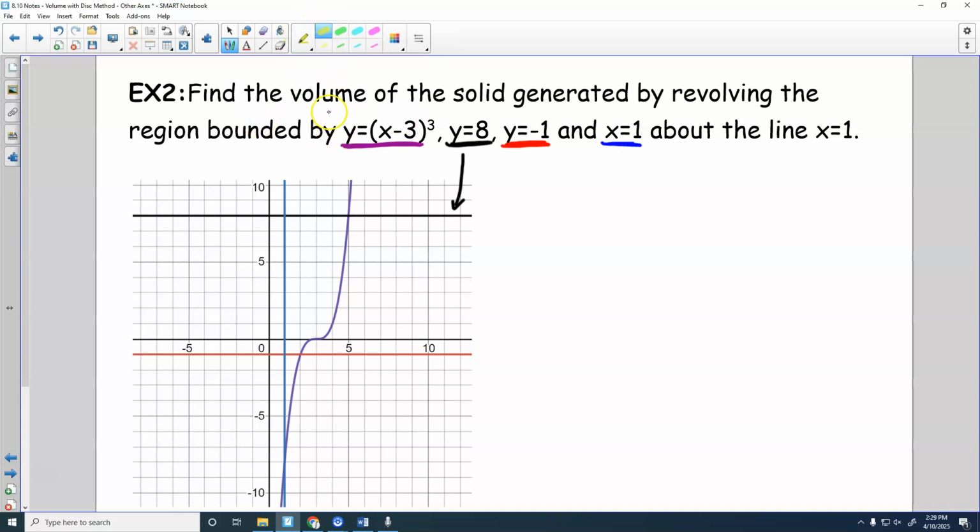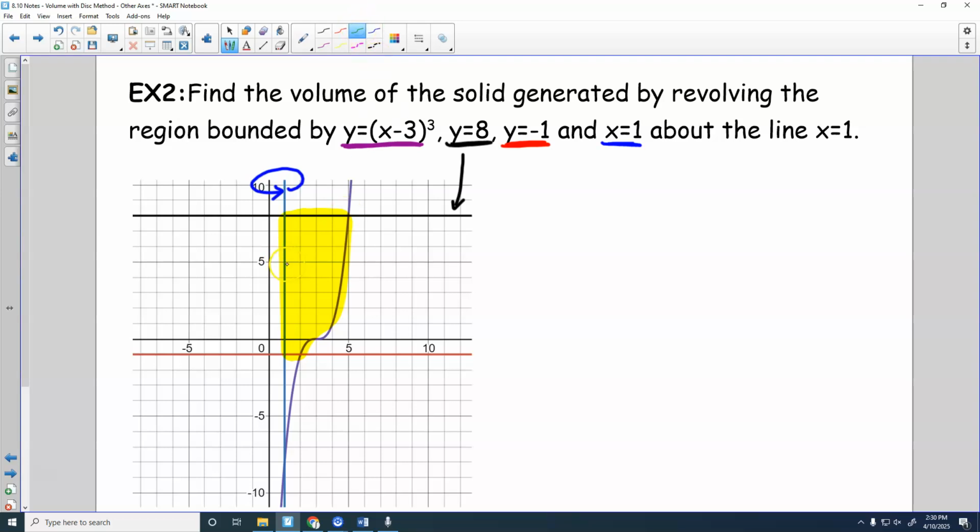And we will be looking at this section here. And so this is going to get rotated around the line x equals 1.